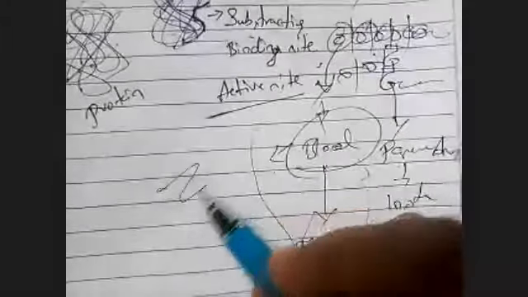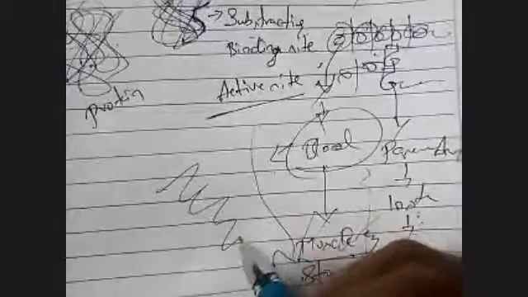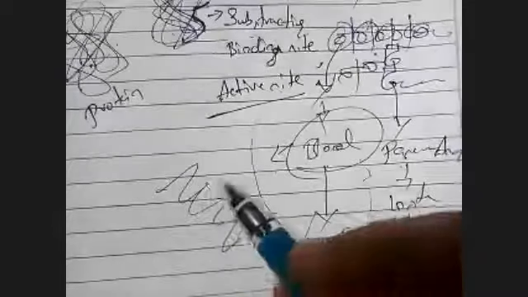This glycogen is entering through your digestive system. So the digestive system should attach to your circulatory system only in your intestine, because I think you know this is a proximal convoluted tubule and distal convoluted tubule.